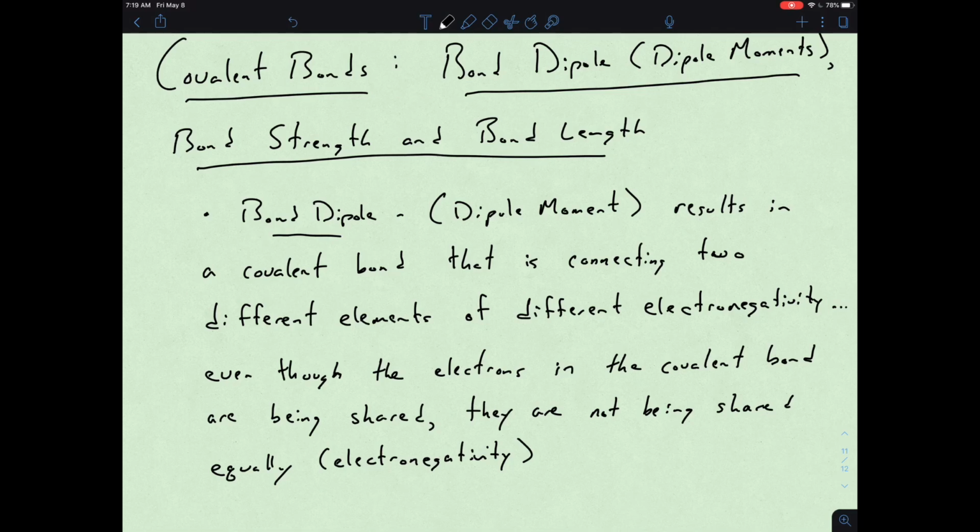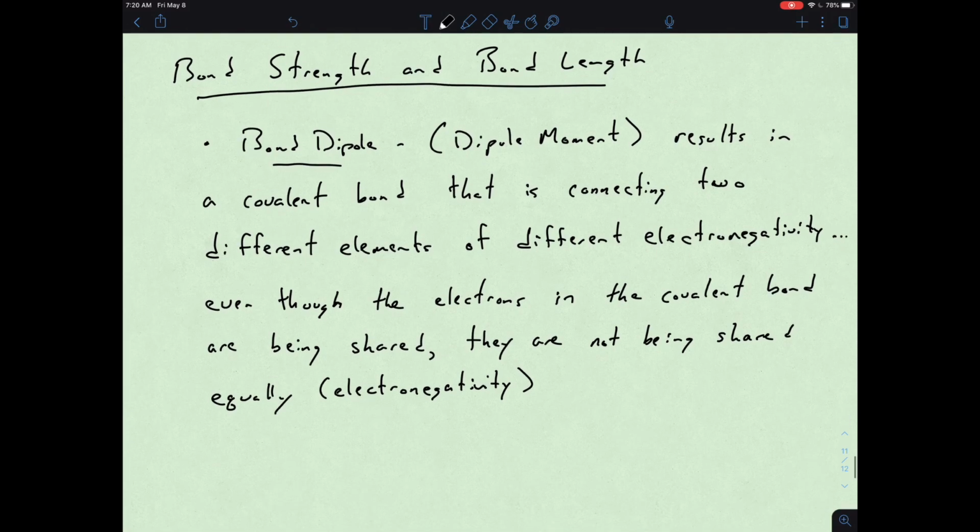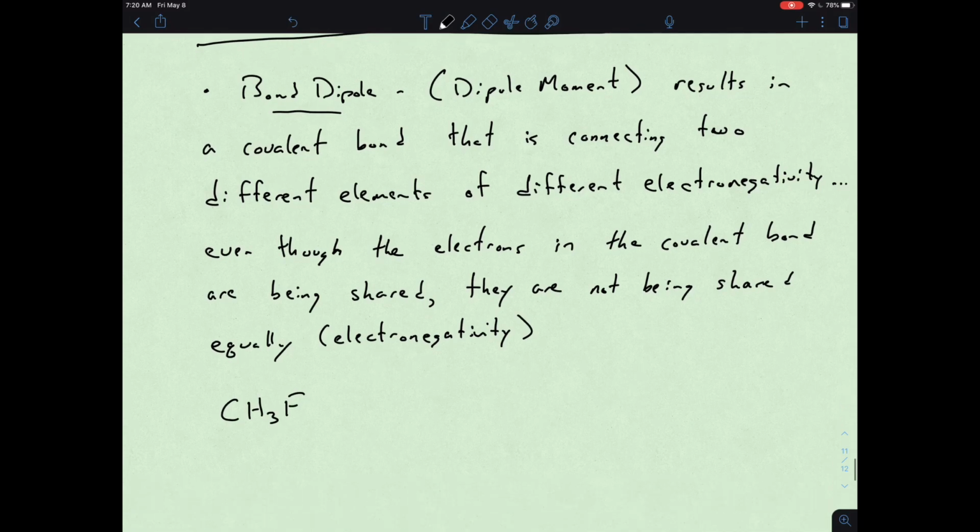So if we were to look at molecules such as CH3F, and if we're a little bit faster now in putting together those simple Lewis dot structures, we would get something that looks like this.